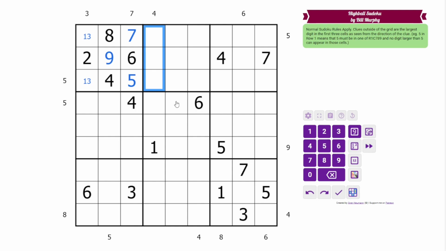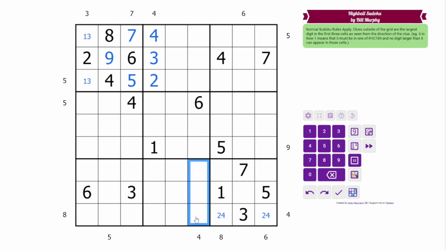All right, this 4 means the largest digit is 4, so we can't have anything other than 1, 2, 3, 4, and there's a 1 in the column, so these are 2, 3, 4. This is not 4, so 3, 2, 4 is forced. All right, let's come down here to these 4s. The largest digit again is 4, and again we can't have a 1, so this is 2, 3, 4.